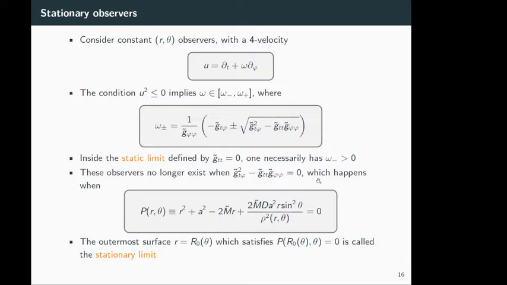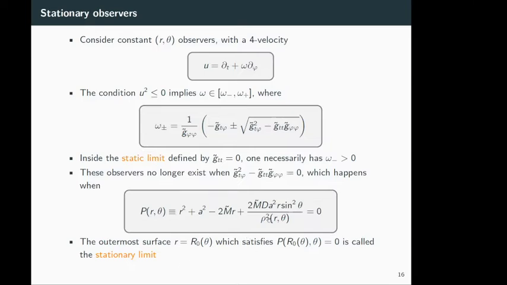However, these stationary observers no longer exist when this square root argument becomes negative, and this is given by this quantity. So this function that I called P, you have to solve the roots of this equation, and you end up with a theta-dependent profile. If there are solutions, you take the outermost surface, and it gives you this so-called stationary limit, inside which stationary time-like observers, I should say, can no longer exist.